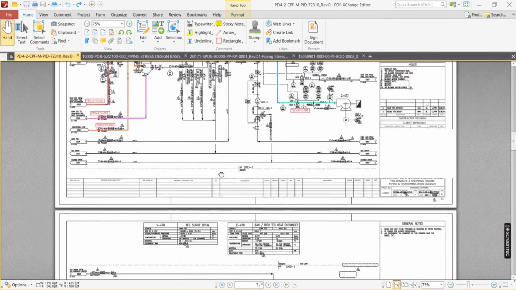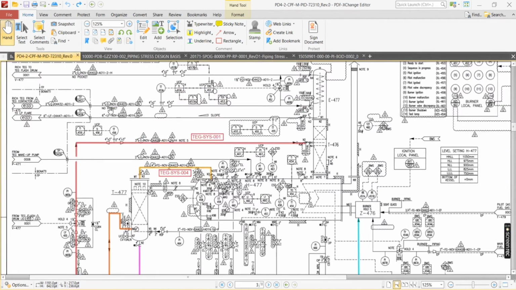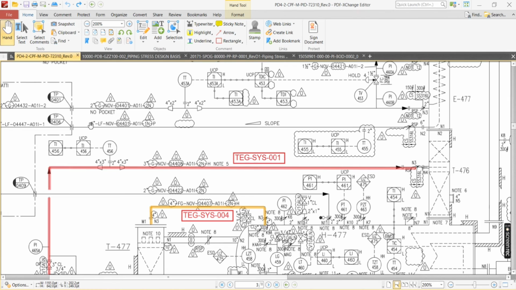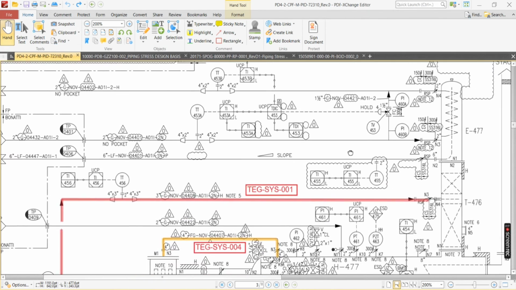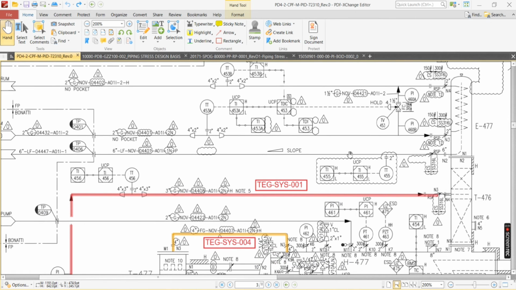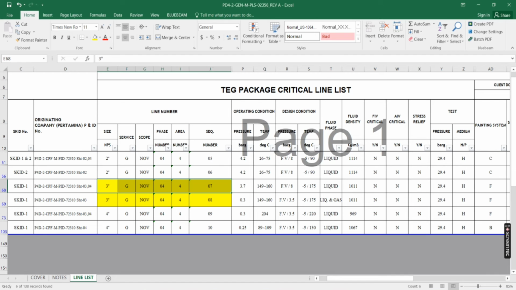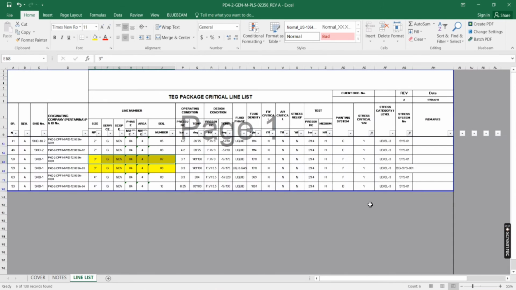This is sheet number 3. So we need to see where those lines are getting connected. 6-inch LF is no. So if it does not come under critical, then you need to change this to level 1.